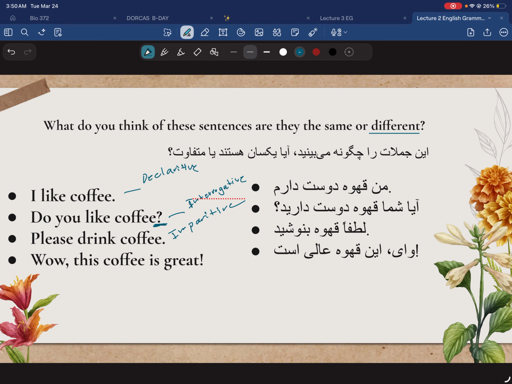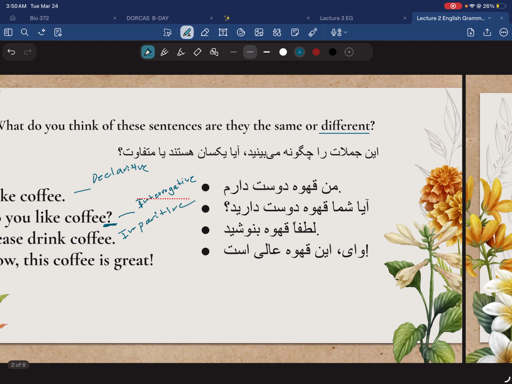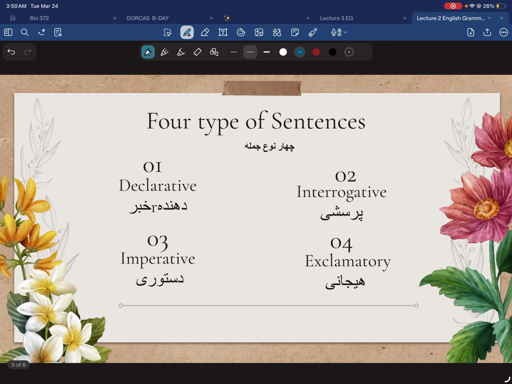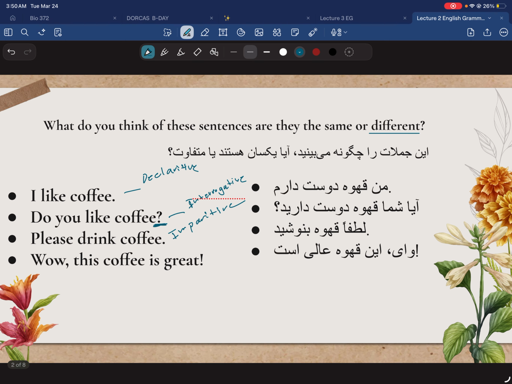I wonder what type of coffee they tasted. Okay. So which one is it going to be? Number 1, number 2, number 3, or number 4? If you said number 4, you are correct. It's an exclamatory sentence.